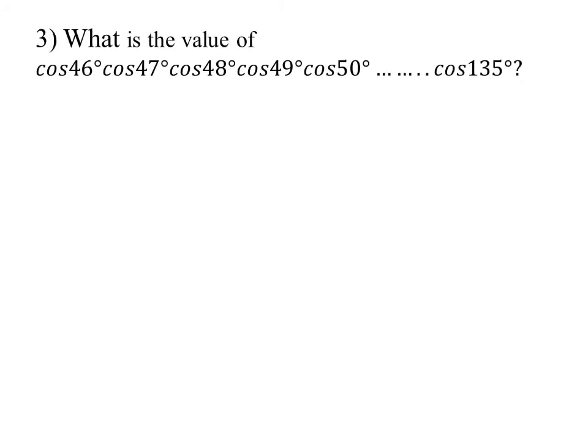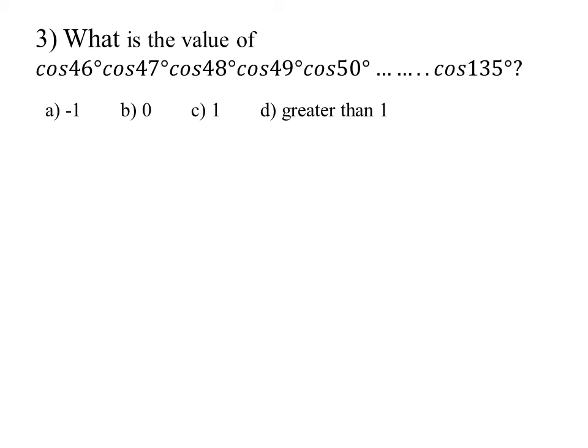Next, third problem. What is the value of cos 46° into cos 47° into cos 48° into cos 49° and so on up to cos 135°? The options are option A -1, option B 0, option C 1 and option D greater than 1.